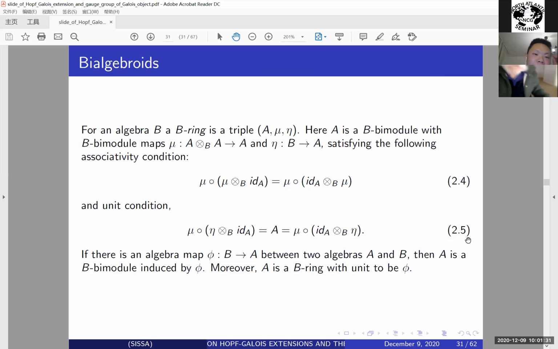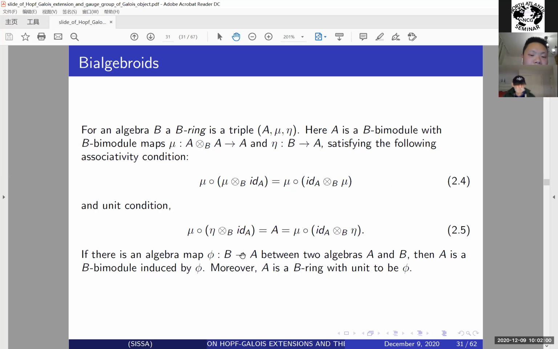But before bialgebroids, I will first define the B-ring. For an algebra B, a B-ring is a triple (A, mu, eta), where A is a B-bimodule together with a bimodule map mu from the balanced tensor product A tensor_B A to A, and eta from B to A, which is also a bimodule map, satisfying the associativity and unit conditions in 1.4 and 1.5.